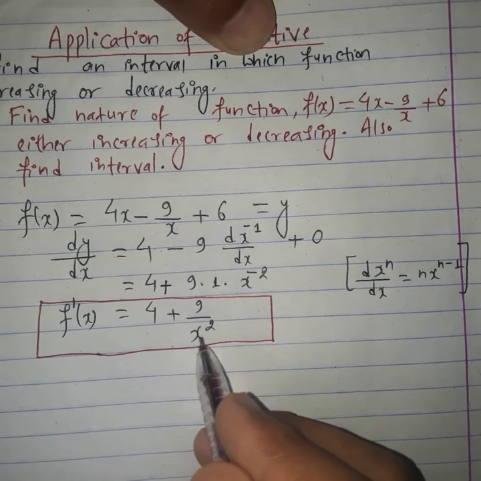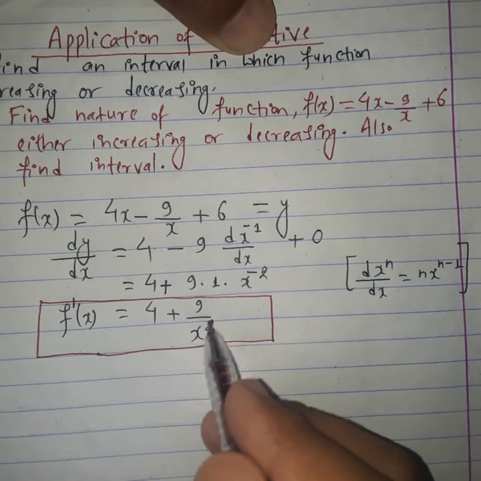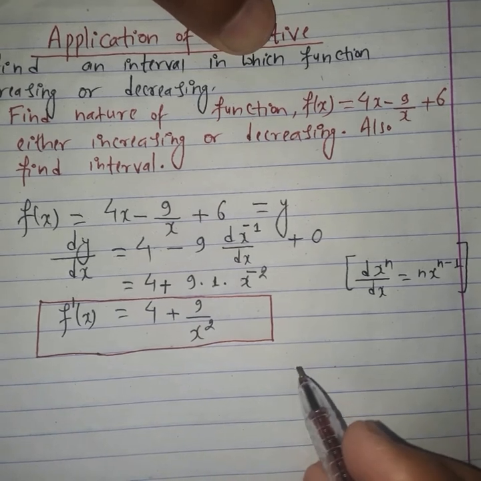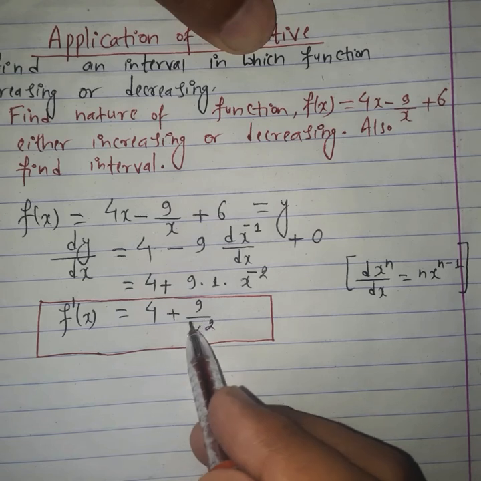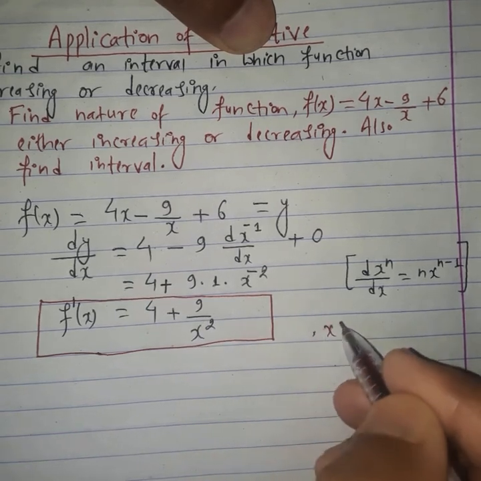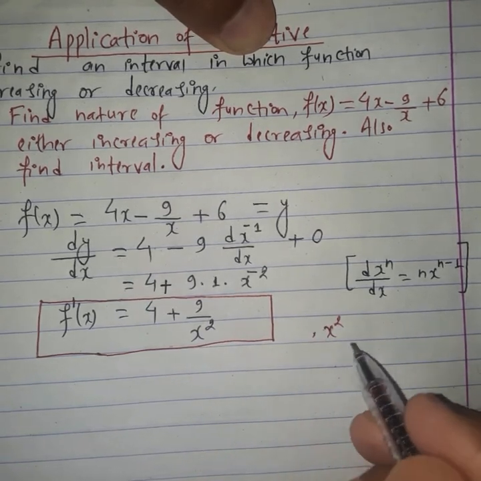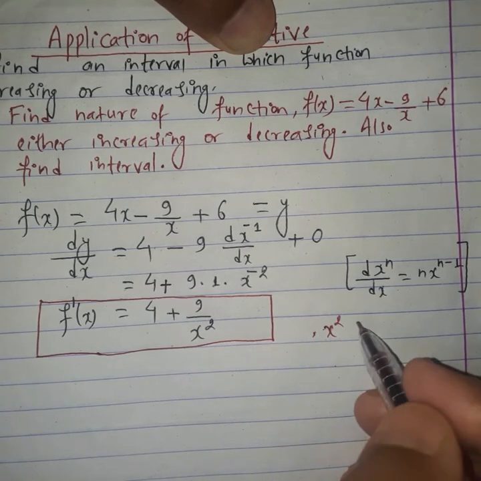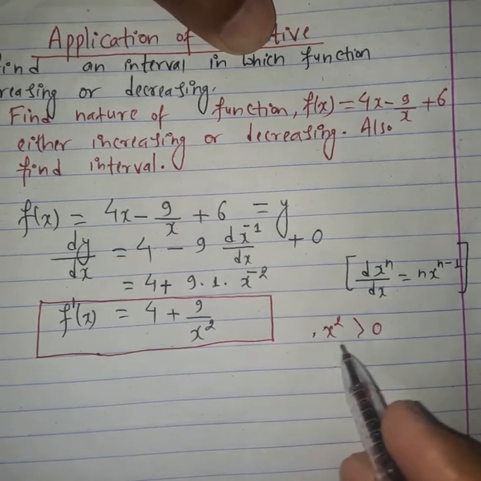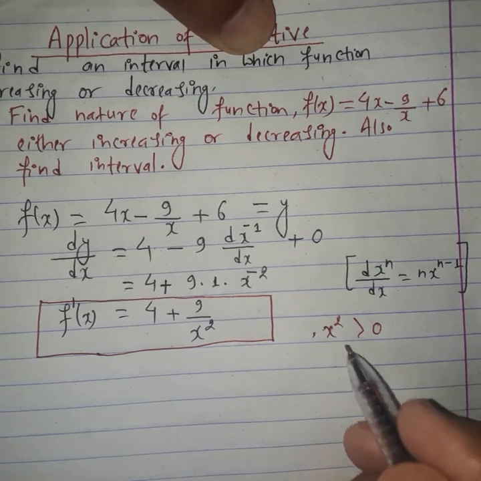When the value of x is 0, the second fraction will be undefined, so we cannot take the value of x as 0. For all the values of x except 0, x square is always positive.